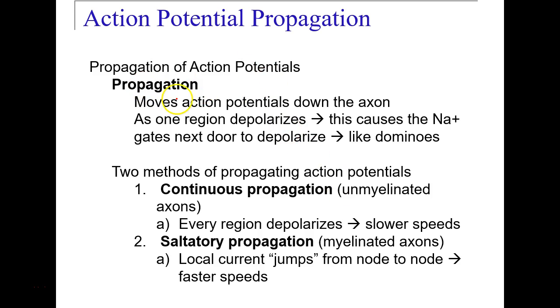Right. Propagation of those action potentials, we've got two types. We've got continuous and saltatory. So continuous is unmyelinated axons. So every region along that axon must depolarize. This creates slow speeds. Saltatory, we have myelinated axons. So this is allowing us to jump from node to node, or the space between the Schwann cells and myelination.